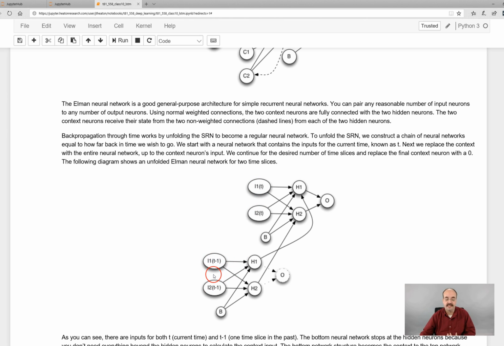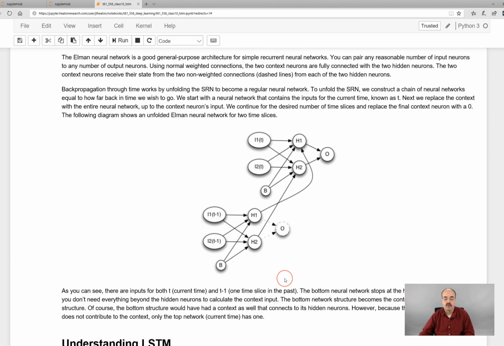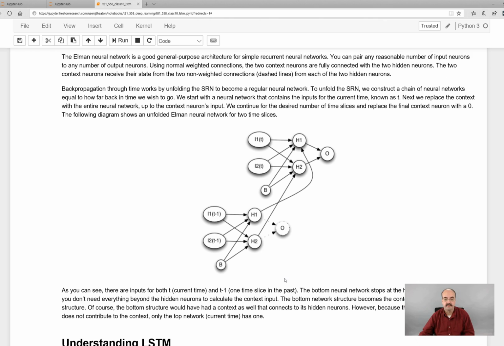Previous row is the inputs to these. But it's all one big calculation. And because of that, you can then run backpropagation on it and optimize these weights and train this just like you trained any other feed-forward neural network. We're just unrolling it, unfolding it, and making it one big neural network that we can train normally.